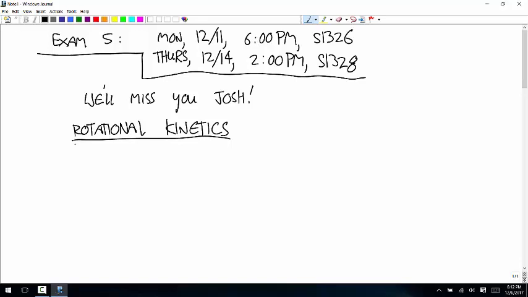So first I have to introduce these two angular kinematic quantities, and rotational and angular mean the same thing. Let me say a little bit about that actually. Angular kinetics, rotational kinetics, and circular motion go together very naturally.